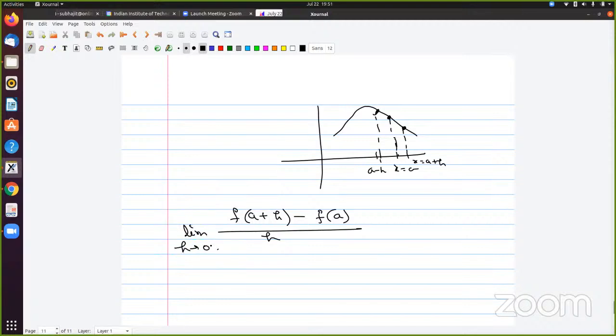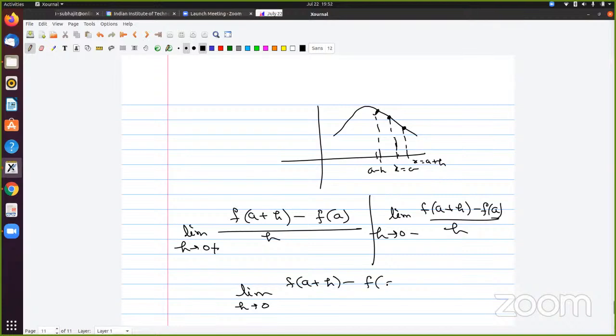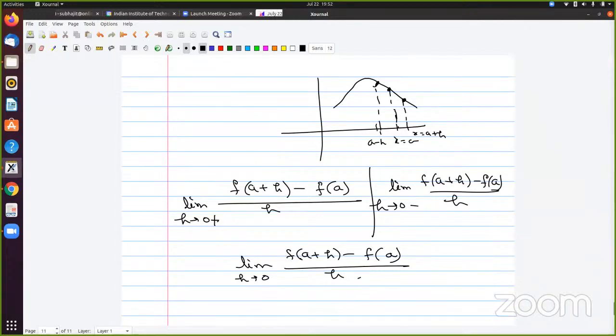If both are equal, this limit exists. No, that's for continuity, that is different. If this limit exists, then we call f differentiable at a, and this is equal to the derivative at that point. Okay? Fine. So this was the concept of derivative.